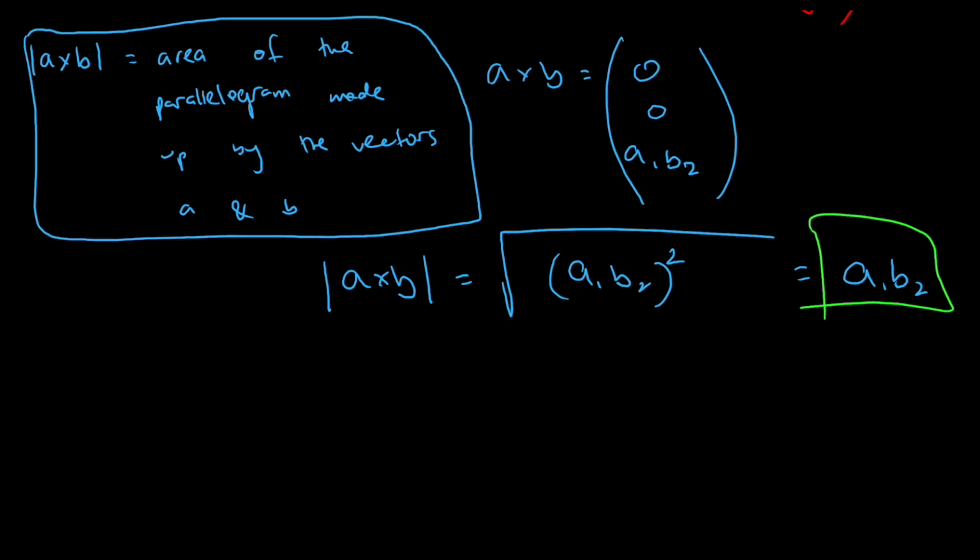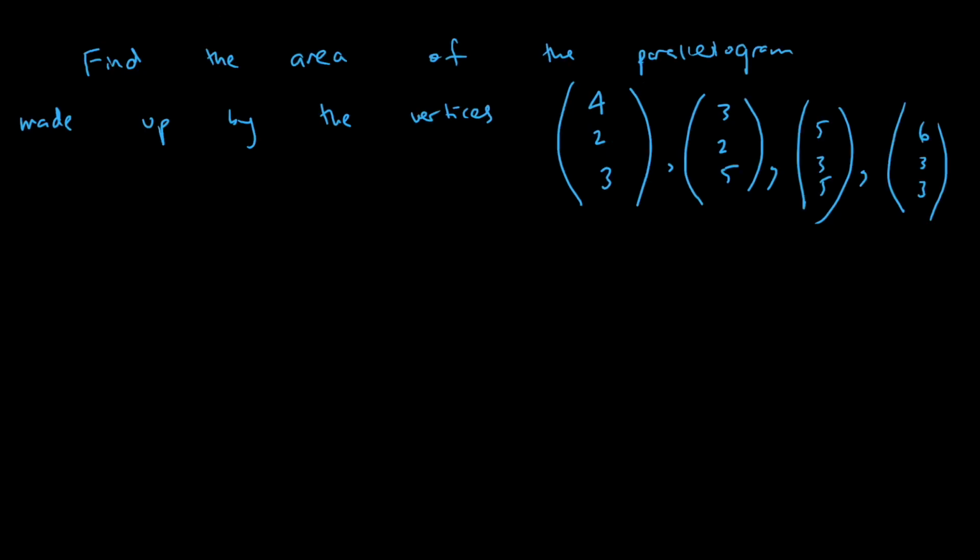And this is a very, very important definition. You should definitely know this because it's going to be popping up in linear algebra and I think somewhere in vector calculus too. Alright, so this problem is asking us to find the area of the parallelogram made up by the vertices (4, 2, 3), (3, 2, 5), (5, 3, 5), and (6, 3, 3). Now these are very weird numbers, so I'll make this simpler.